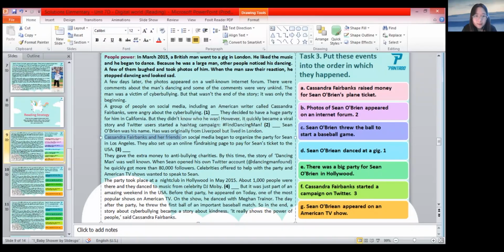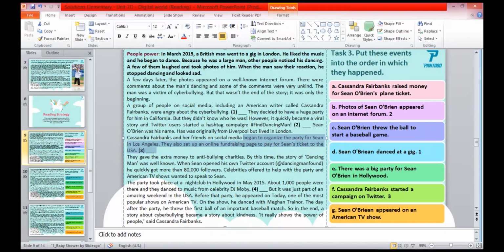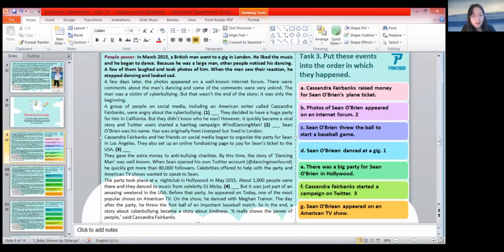Fairbanks and her friends began to set up an online fundraising page to pay for Sean's ticket to the USA. A. Okay, so that was A. She raised money for Sean's plane ticket to the USA. That was number 4, the fourth event.